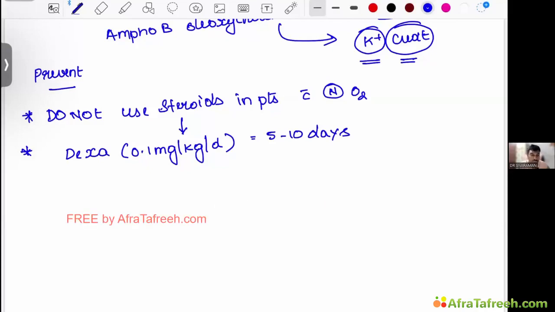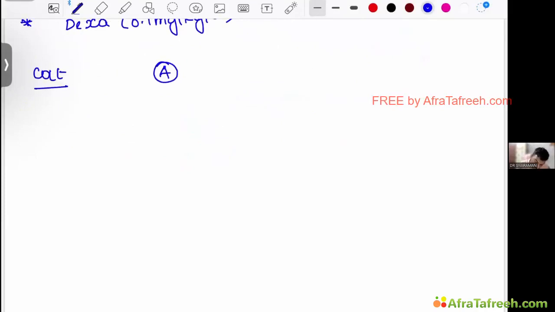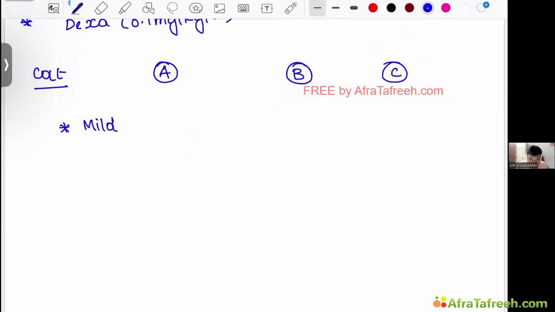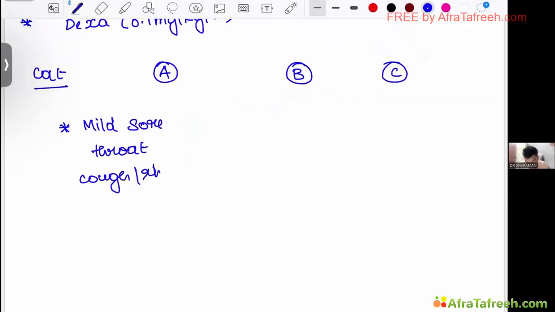So how are you going to investigate a case of COVID? Whenever you have any patient with COVID, you can divide the patient based on clinical features as cat A, B and C. Cat A is a patient having mild sore throat, cough, rhinitis.